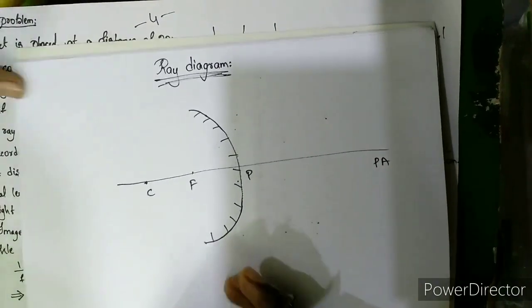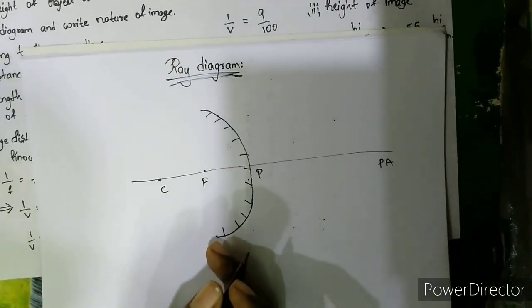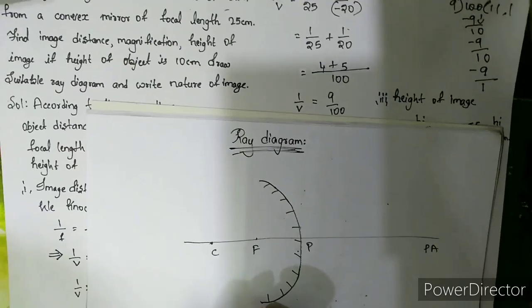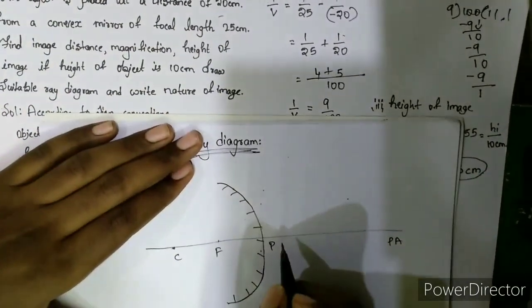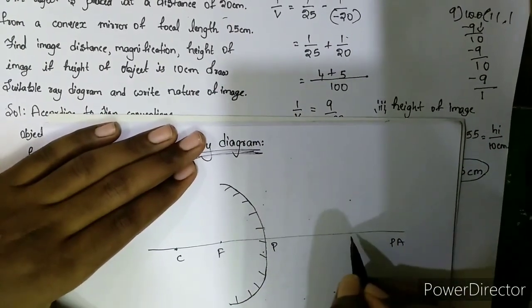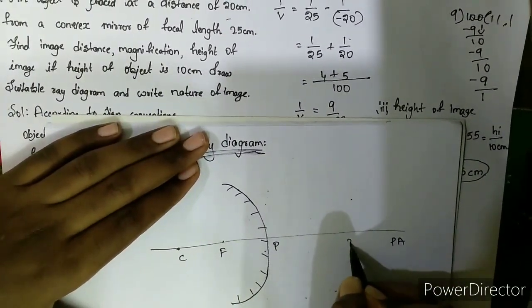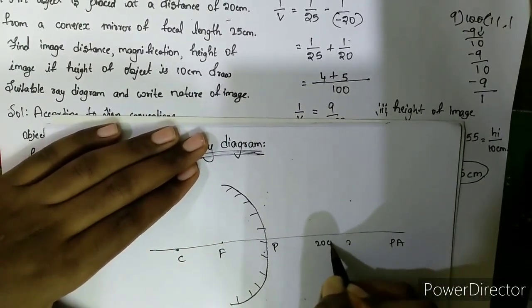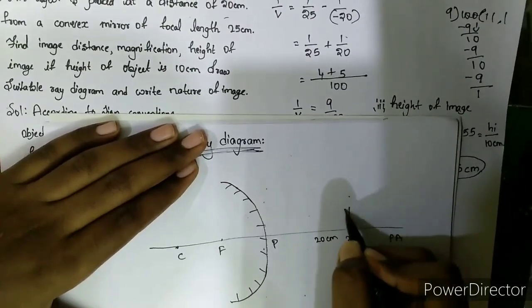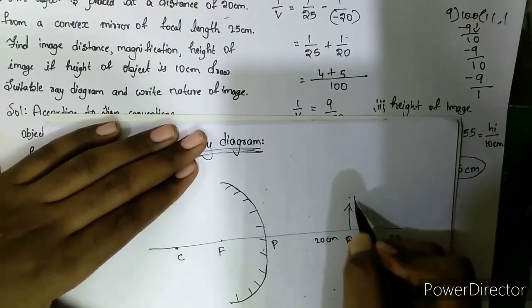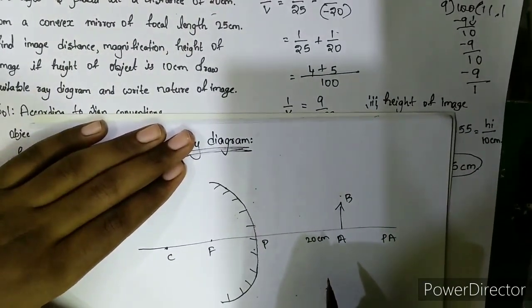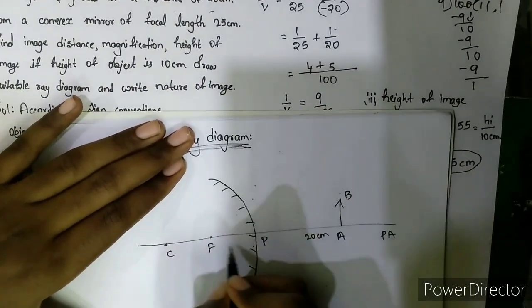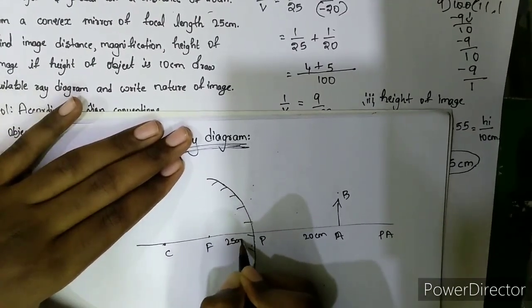Now they had said that an object is placed at a distance of 20 centimeters from the mirror. Here we will take the object as AB, for example. They had also said that the focal length is 25 centimeters, meaning here the length is 25 centimeters.